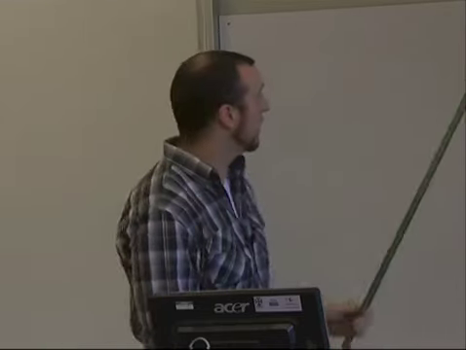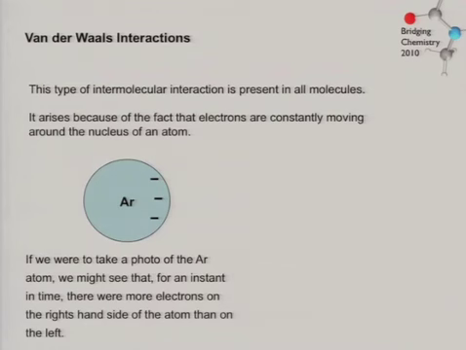Okay, so if we put some electrons on the right-hand side of our atom, then there are fewer on the left-hand side, and what we get effectively is a dipole on our atom. If the majority of the electrons are on this side of the atom, then that means the nucleus on this side is deshielded. So effectively on this side you have a positive charge, on this side you'll have a negative charge.